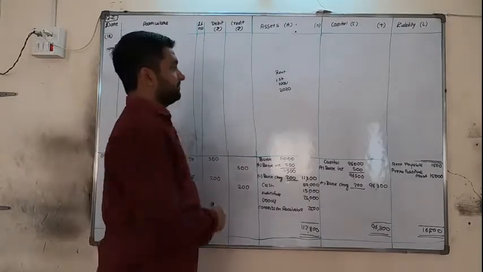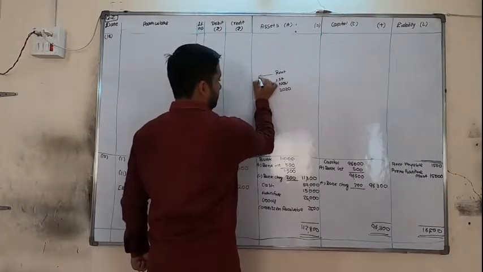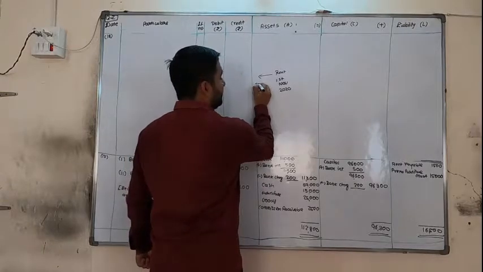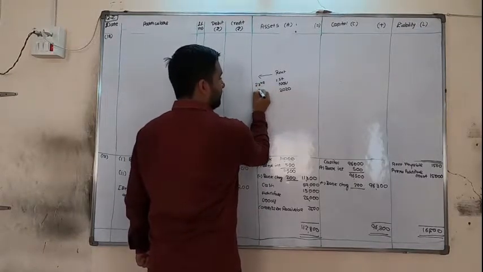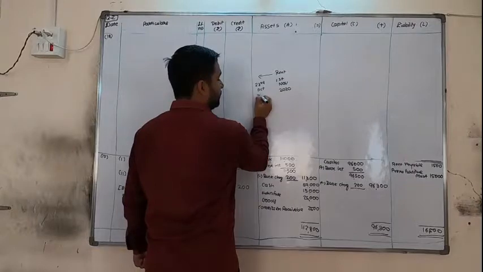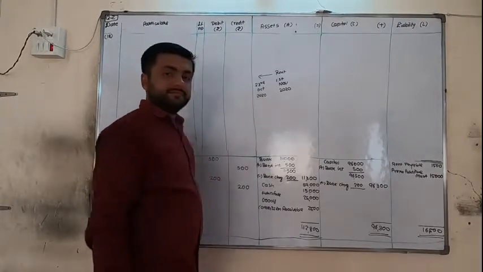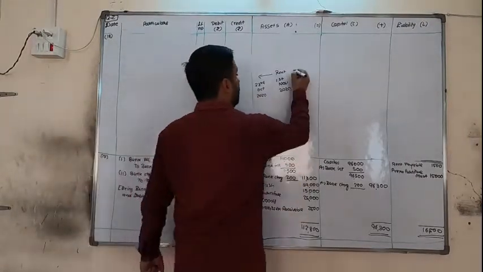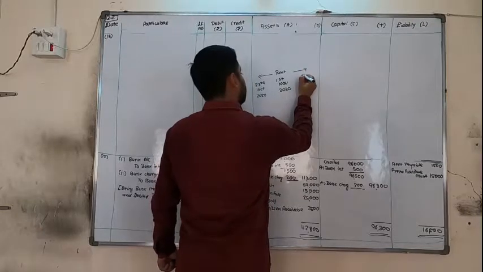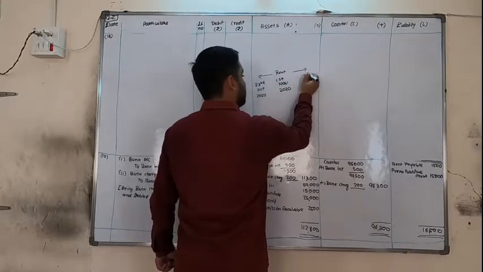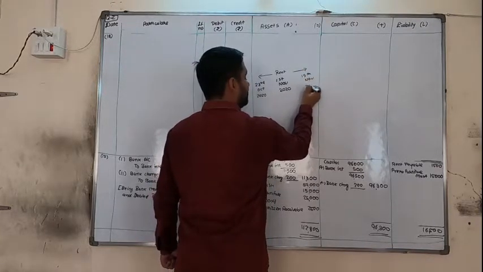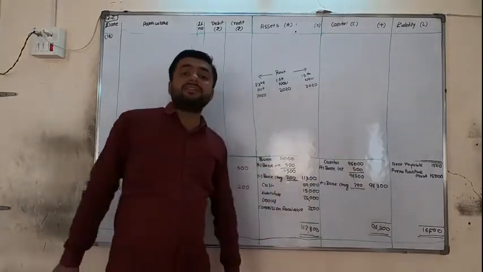Now friends, if you are paying it on 23rd October 2020, or if you are paying it on 15th November 2020, then what is the difference?